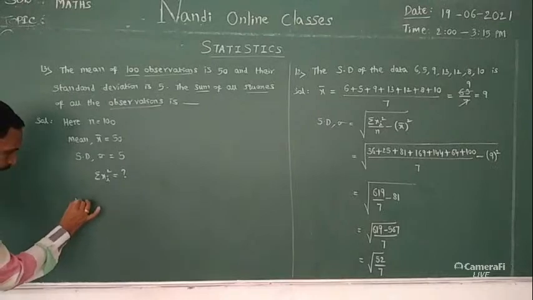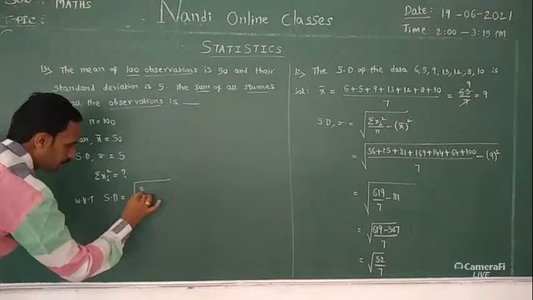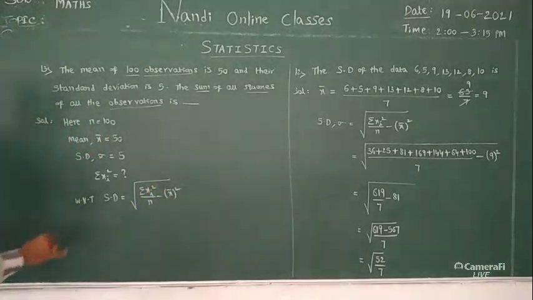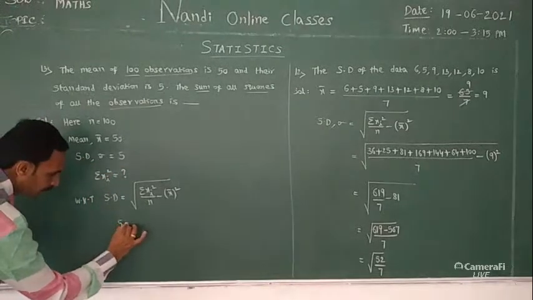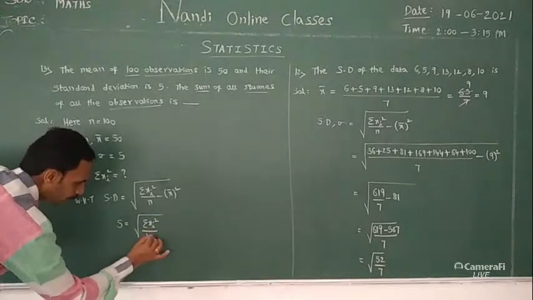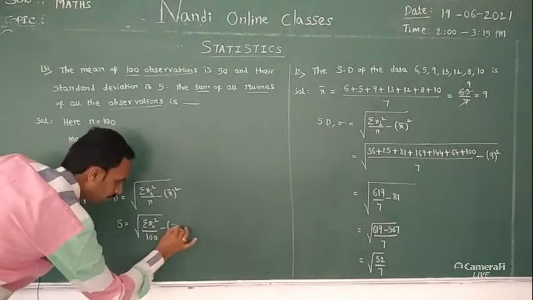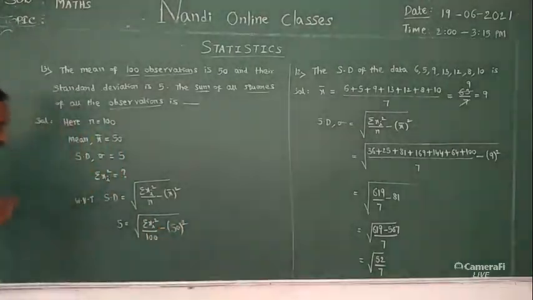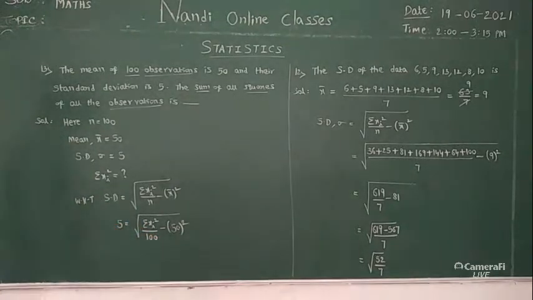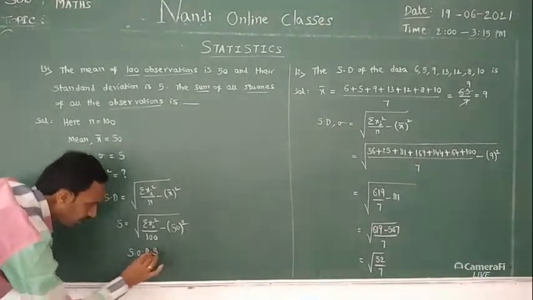SD is root of summation xi square by n minus x bar whole square. Substitute: 5 is equal to root of summation xi square by 100 minus 50 square. Root is there, squaring on both sides.